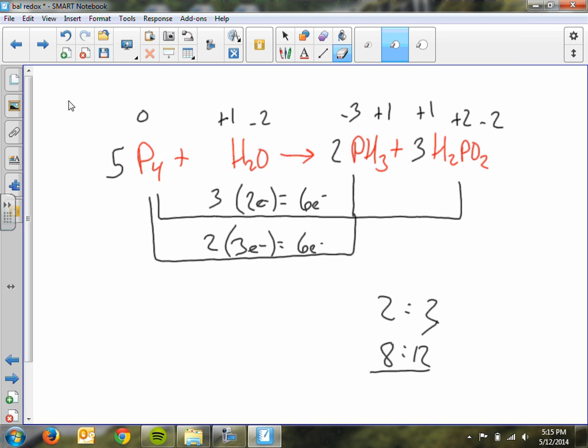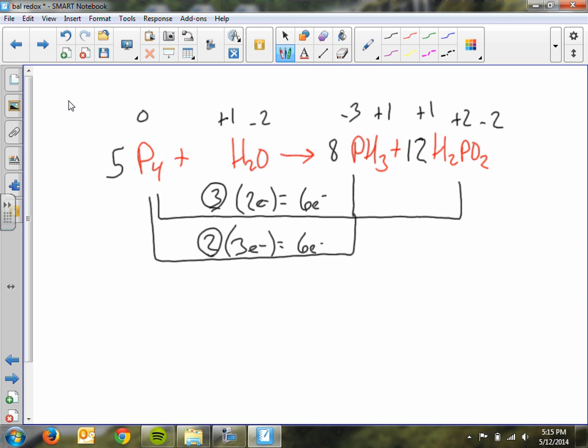So if I change my 2 here and my 3 to an 8 and a 12, I think I end up with the 2 to 3 ratio that I'm supposed to have. So let's see what I really have now. I've done a lot of messing around with stuff.